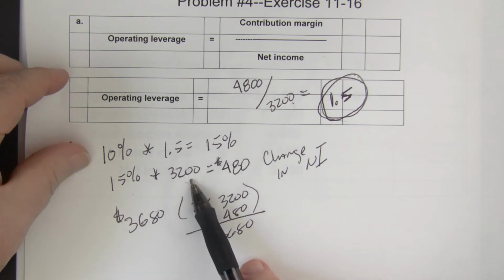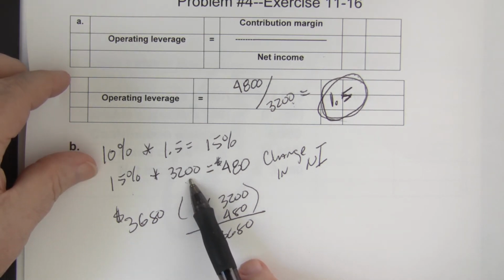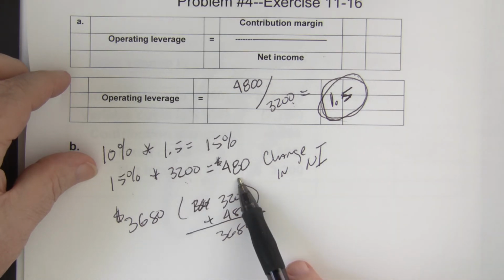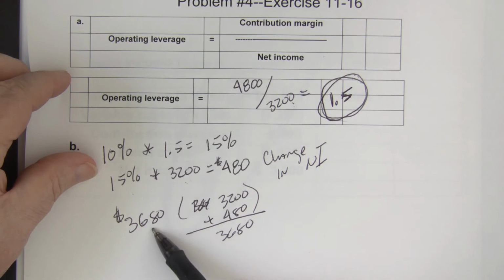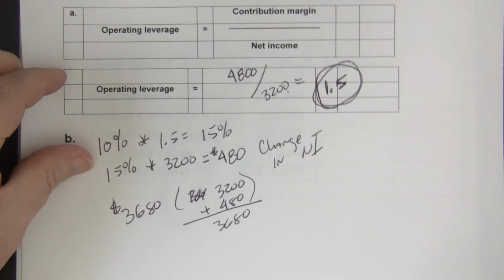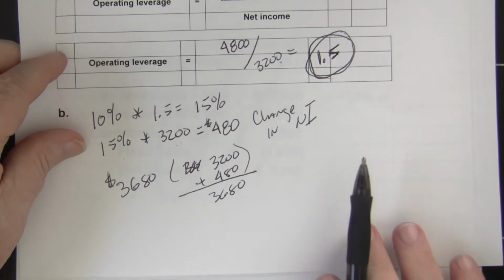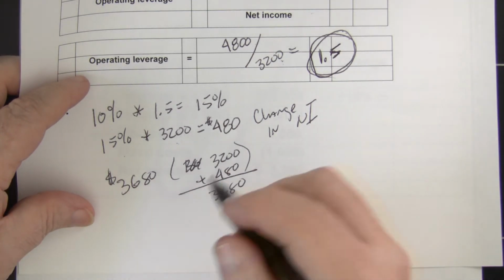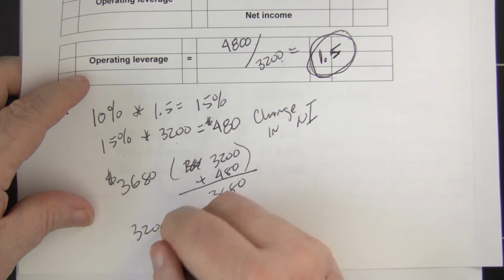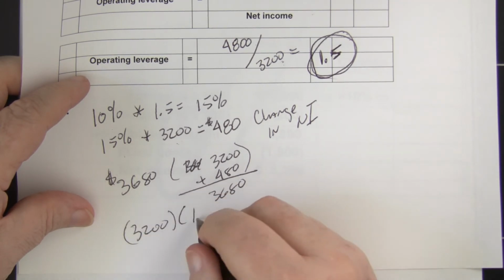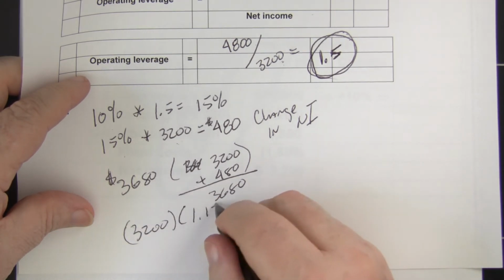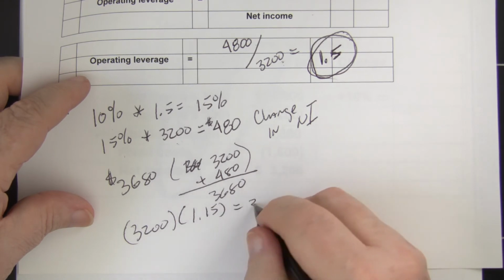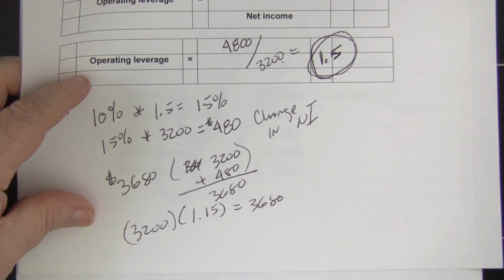Our net income was $3,200. 15% of that is $480. Add that to the $3,200, we come up with $3,680. Now, if you're one of those math whizzes that sister liked in 6th grade, if you want to take 3,200 and multiply it by 115%, you'll come up with the same exact number. In either case, you got to come up with that number.